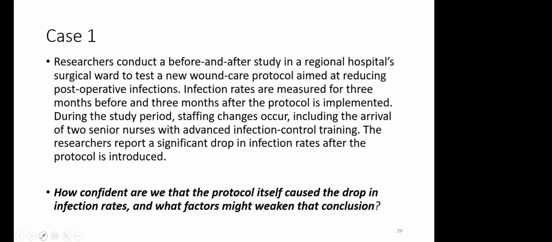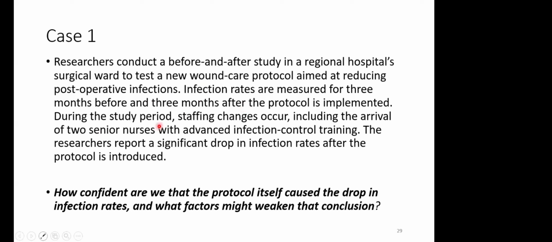So I'll share this case. Researchers conduct a before and after study in a regional hospital surgical ward to test a new wound care protocol aimed at reducing post-op infections. The infection rates are measured for 3 months before and 3 months after the protocol is implemented.